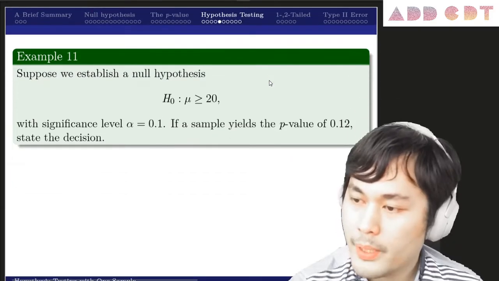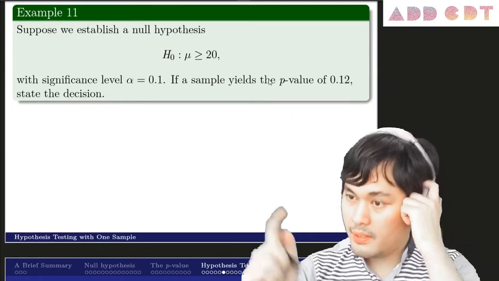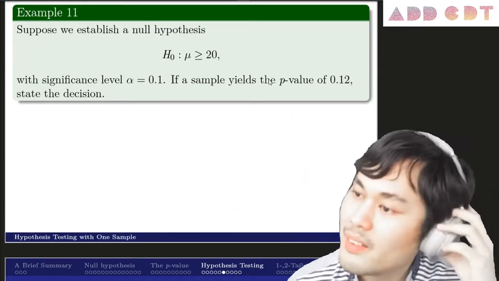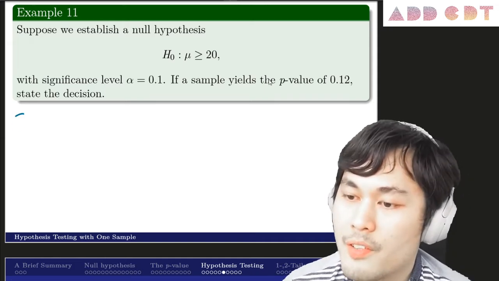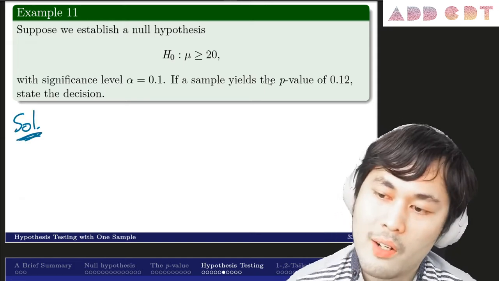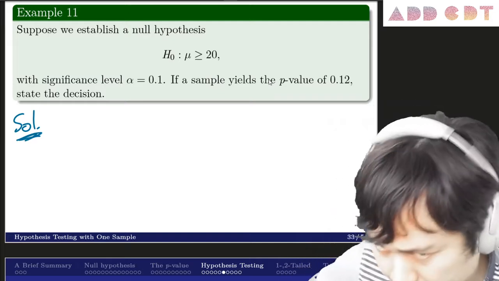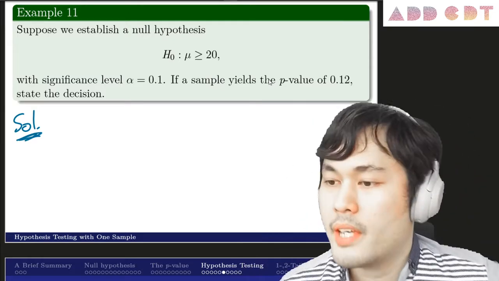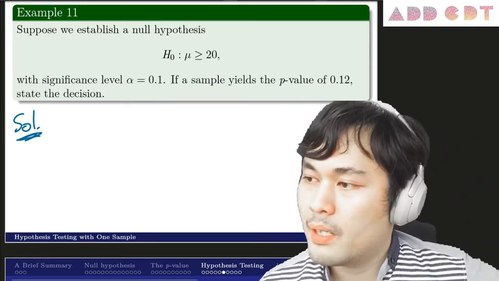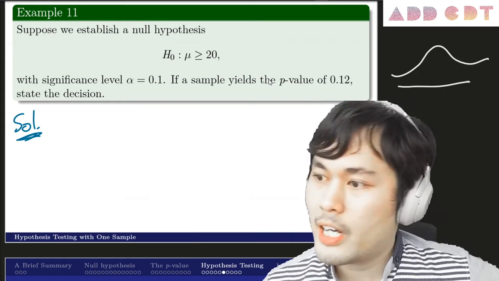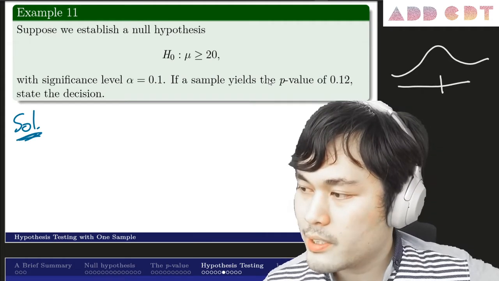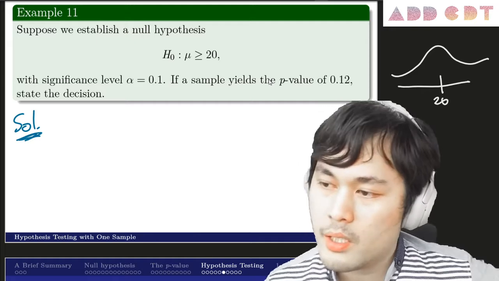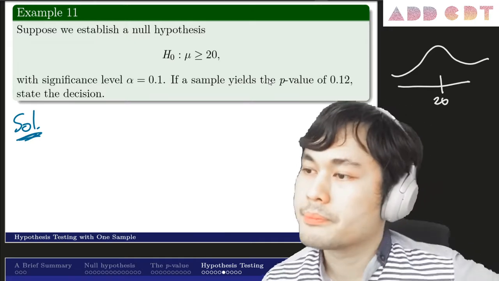Okay, simple enough. Right. So again, just change some numbers and try yourself. See if you understand how we state our decision. So in this case, let's think about the graph. We have this graph, in which we believe that the population mean mu is at least 20.